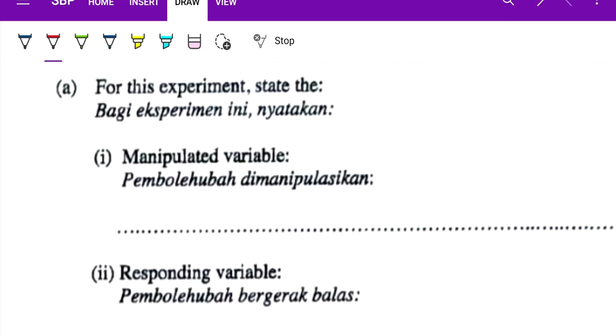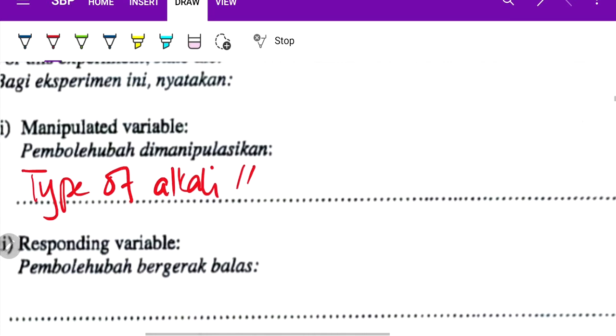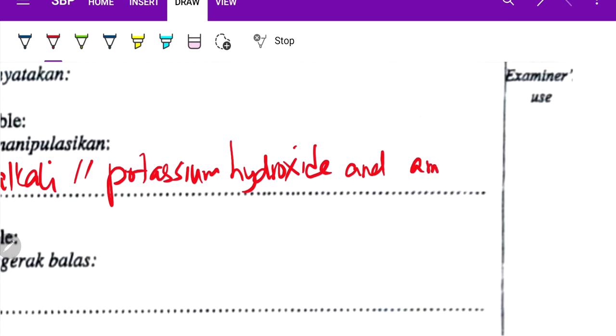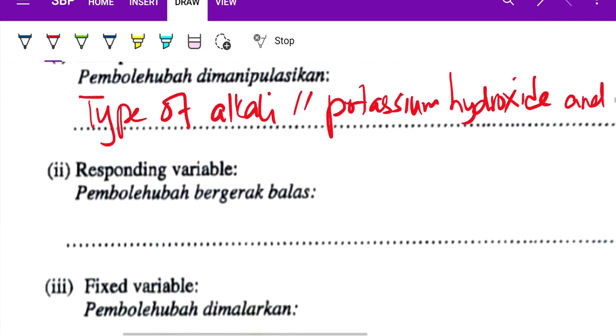So you can write type of alkali, or you can list them out: potassium hydroxide and ammonia. So this is the manipulated variable.